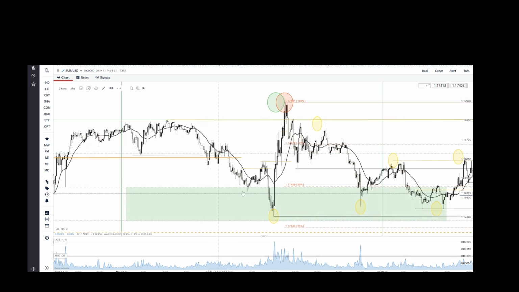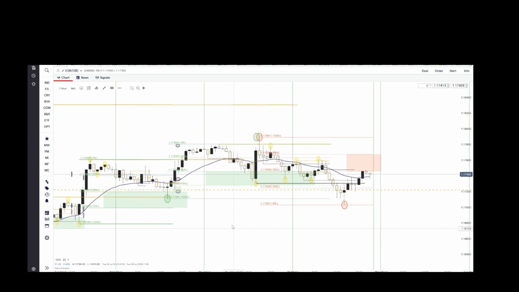And I wasn't really looking to trade anyway. I just happened to be looking at that time. So you can see we get that response here. Price then goes up, creates the new high.